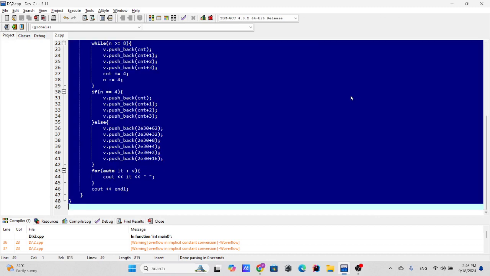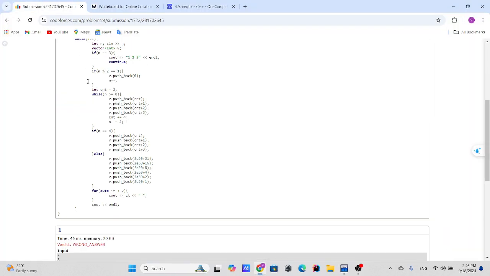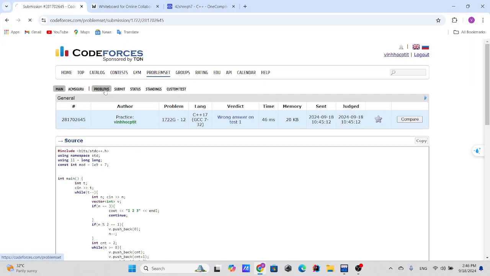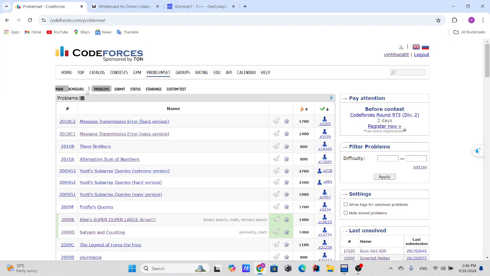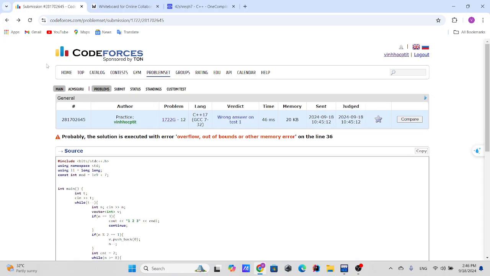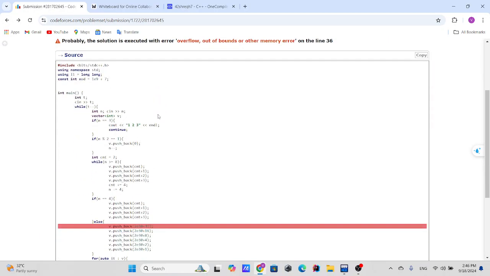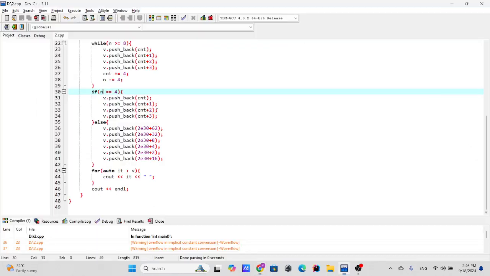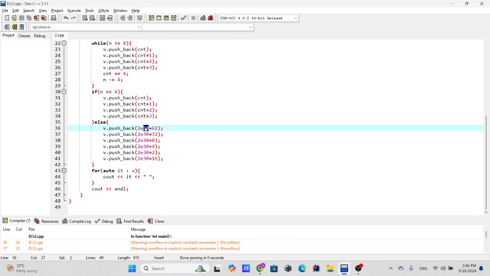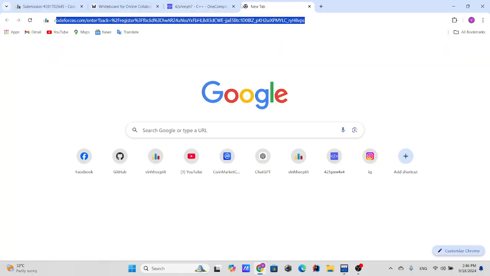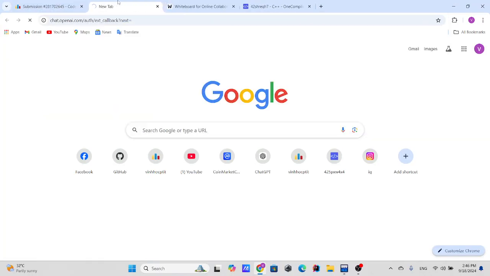Now it must be correct. Test case 6, right? Overflow. Really overflow. Or other memory. Maybe 20? Is 20 enough? Shit. I'm doing this too messy, right?